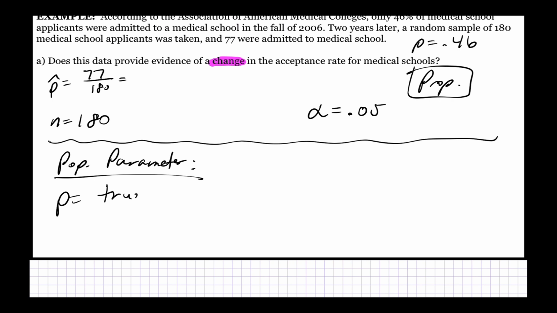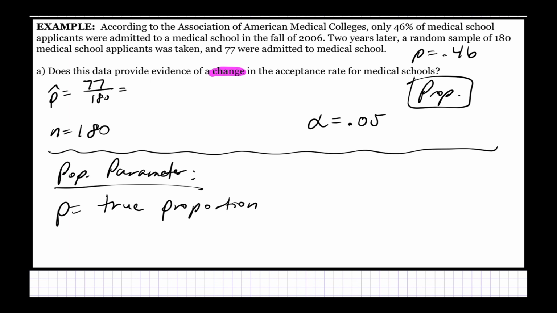P equals the true proportion. So 0.46, what does that number represent? The true proportion of admitted medical school applicants. There you go, perfect.